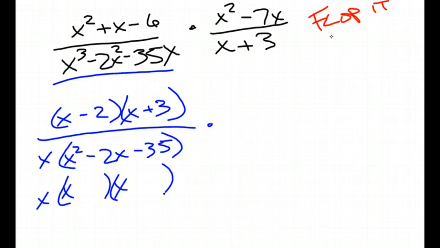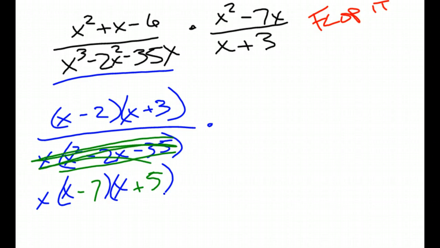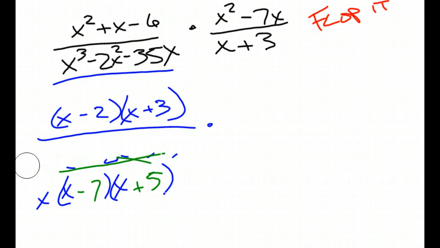Factoring into what? Minus 5. Okay, we got a 7 and a 5. You said minus. Okay, so we can use that instead of this. In fact, let's erase what we don't need.